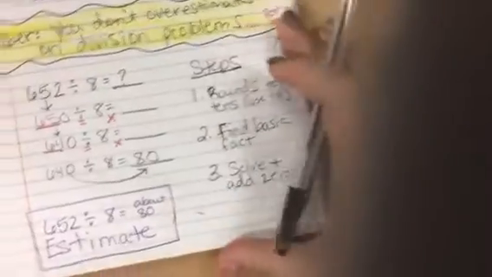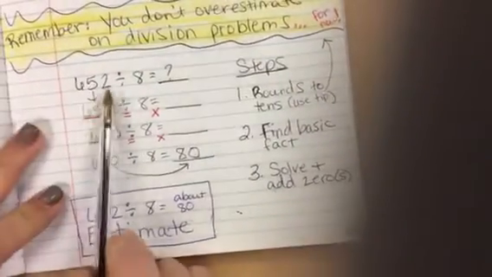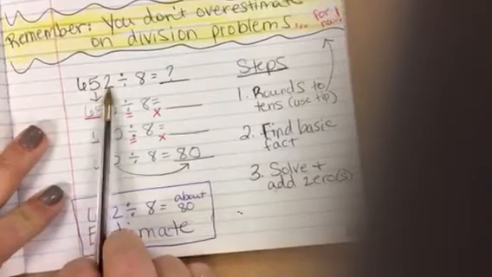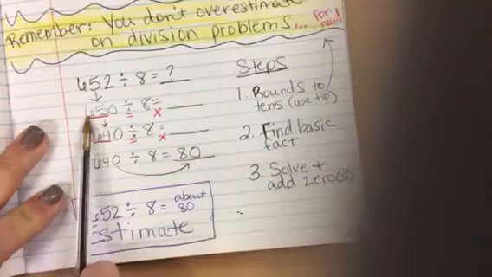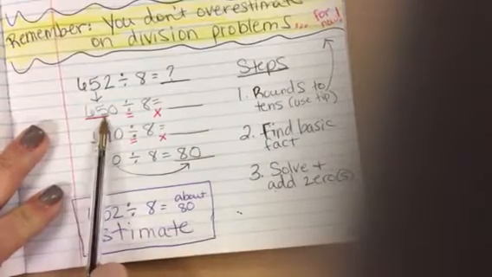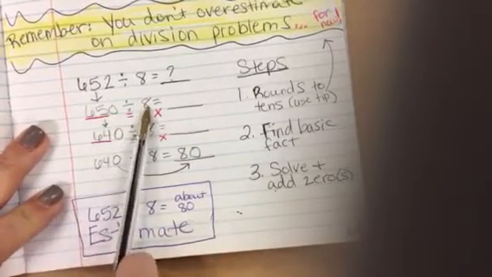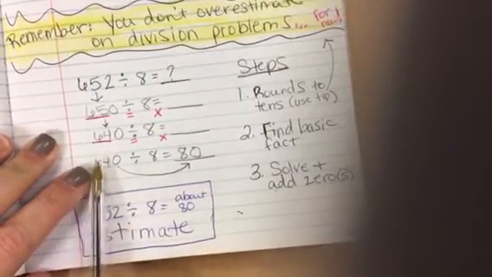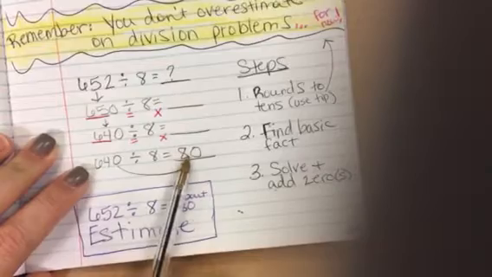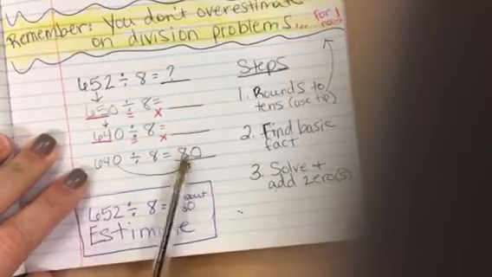Down here we had one extra step because there wasn't a 0. We had to round to the tens place to make it 650, and then we had to go to 640 because we knew that 65 was not a multiple of 8, but 64 was. And then once we put down 64 divided by 8 equals 8, we brought the 0 over.